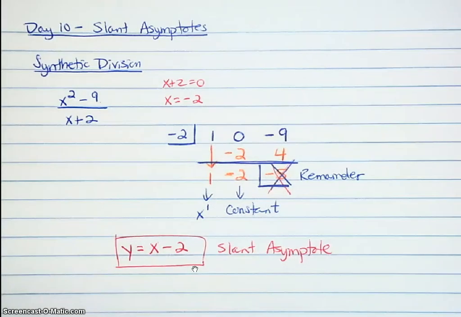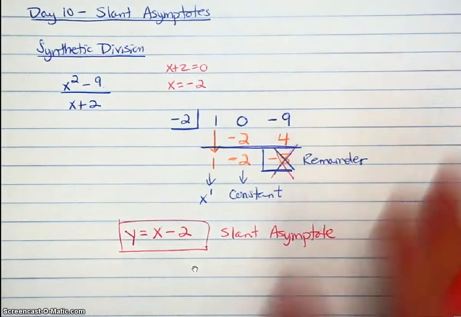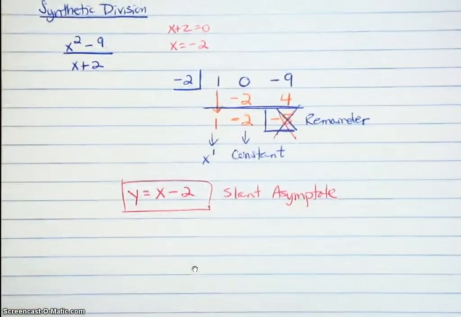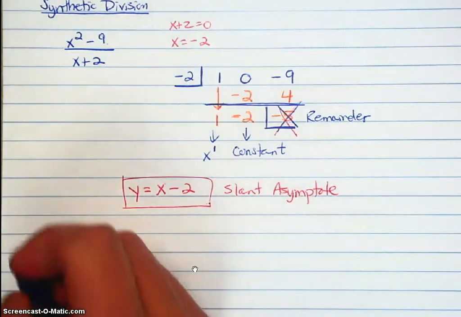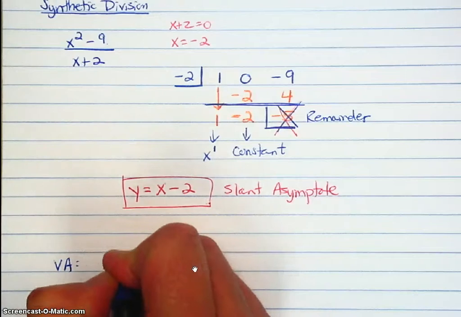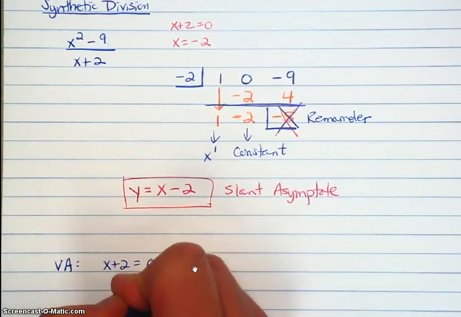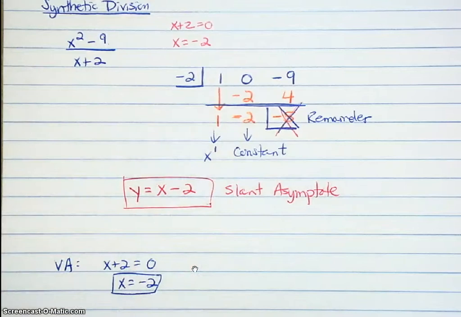Now, how would I even know that this problem had a slant asymptote? Let's take a look at our rules for the asymptotes. If I was going to find a vertical asymptote, the rule stays the same. I take the denominator, set it equal to 0, and solve. That would be my vertical asymptote, negative 2.